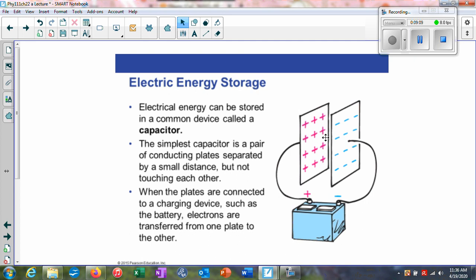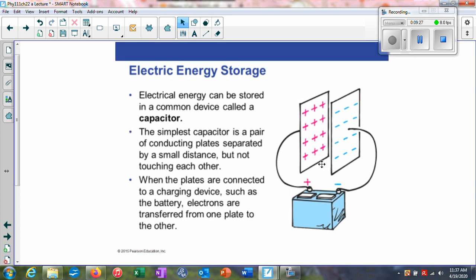So what a capacitor does is it stores energy. The simplest one we can think of to start to describe this is just a pair of conducting plates separated by a small distance, but they are not touching each other. We then connect those plates to a charging device, such as a battery.